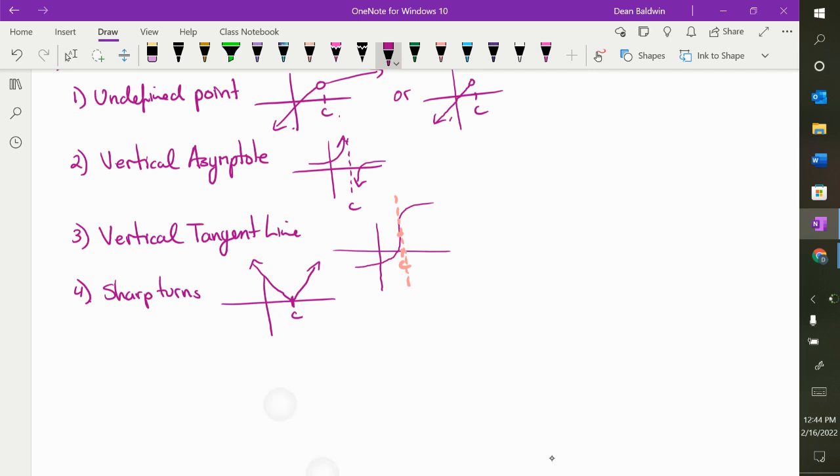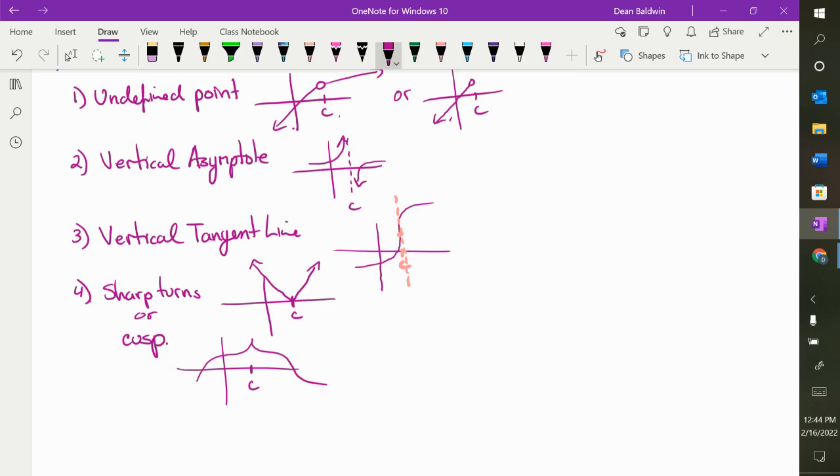And another type of sharp turn is called a cusp. Cusps look like this. That would be a cusp. This is a sharp turn. It's probably easier to see this one.